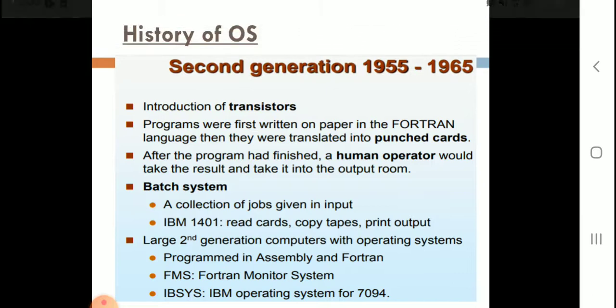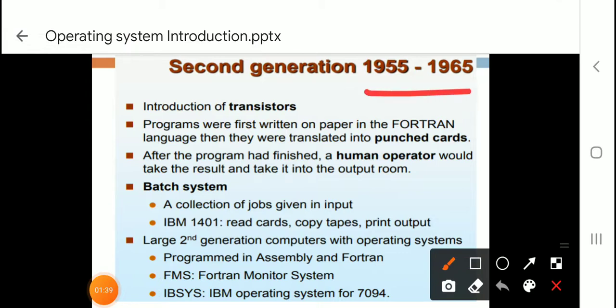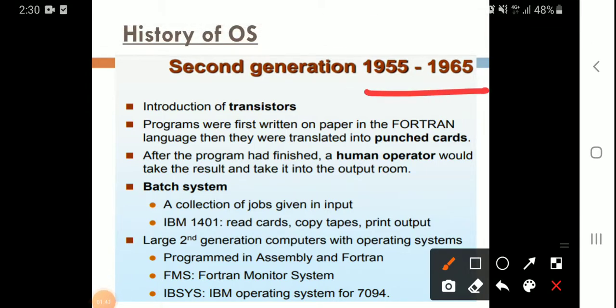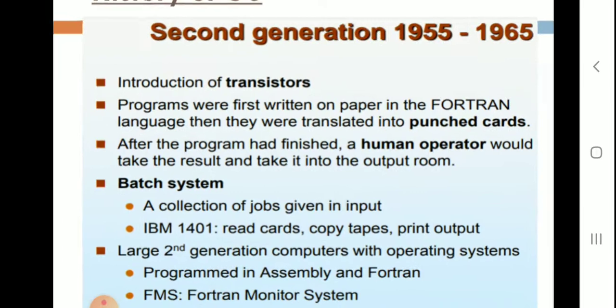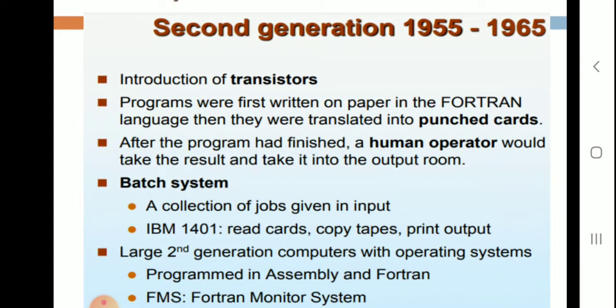Next we have the second generation, from 1955 to 1965, with the introduction of transistors instead of vacuum tubes. Programs were first written on paper in the Fortran language, and then translated onto punched cards. After the programs had finished, a human operator would take the result to the output room.